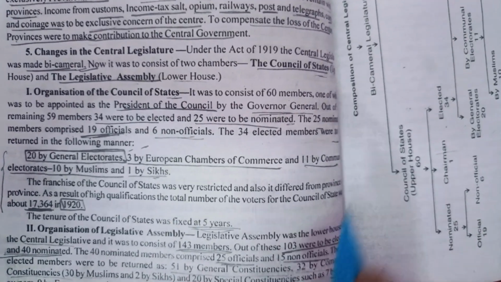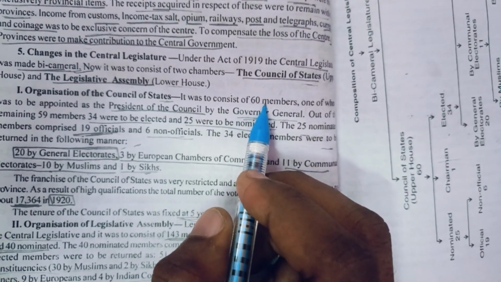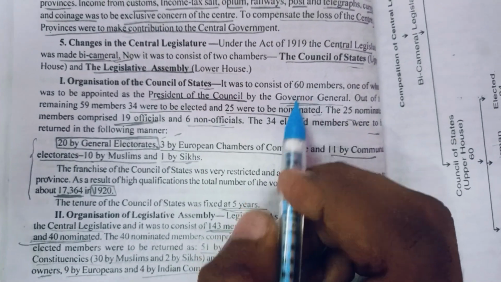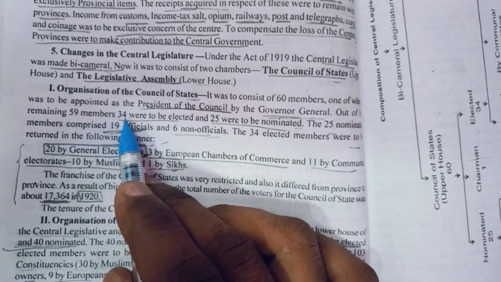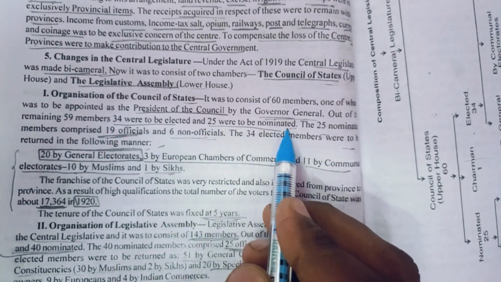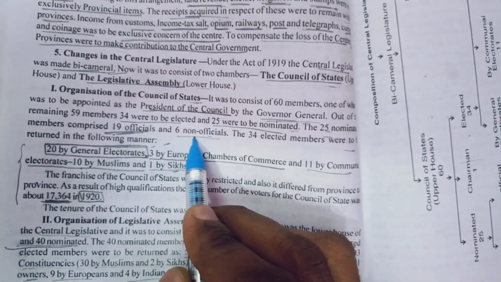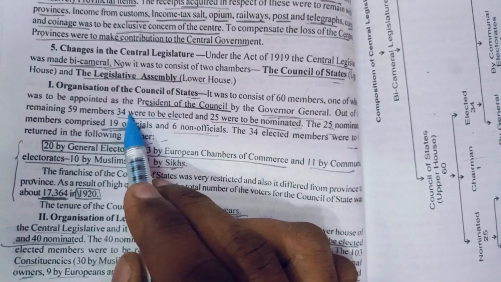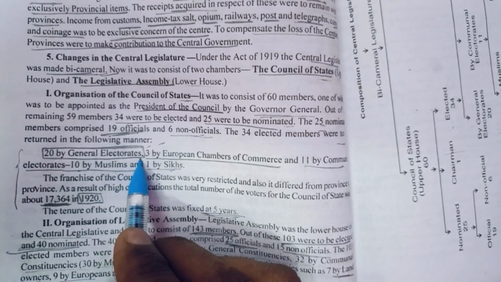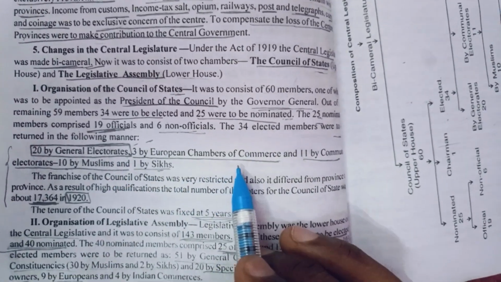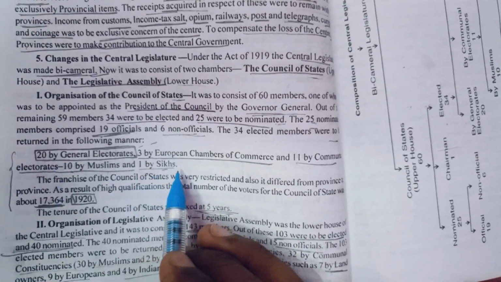Let's again revise. In the upper house, there were 60 members in total, out of which one was to be appointed as the president of the council by the Governor General, and of the remaining 59, 34 were to be elected and 25 nominated. Of the 25 nominated, 19 would be official and 6 non-official. Of the 34 elected, 20 were elected by general electorates, 3 by the European Chamber of Commerce, and 11 by communal electorates, that is 10 by Muslims and 1 by Sikhs.